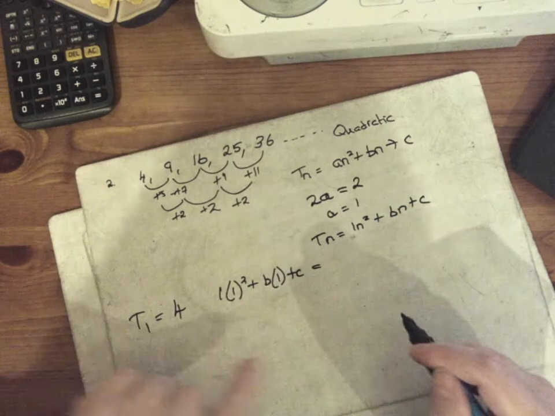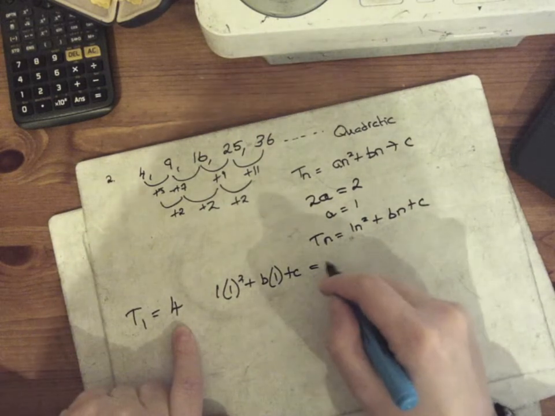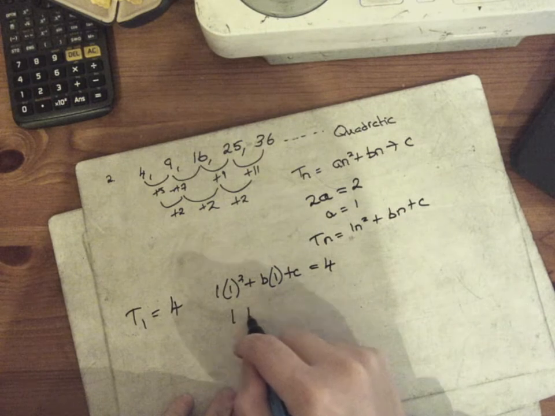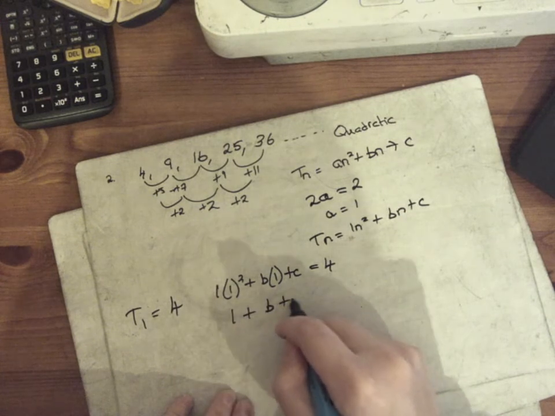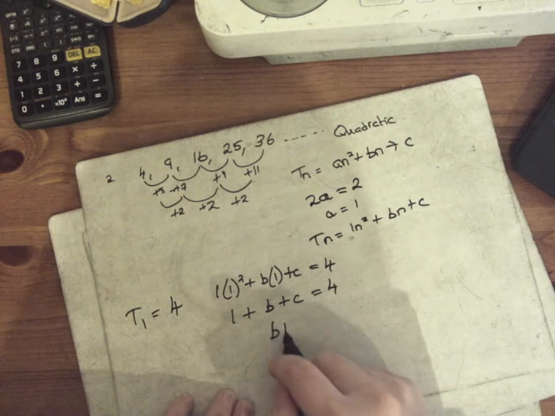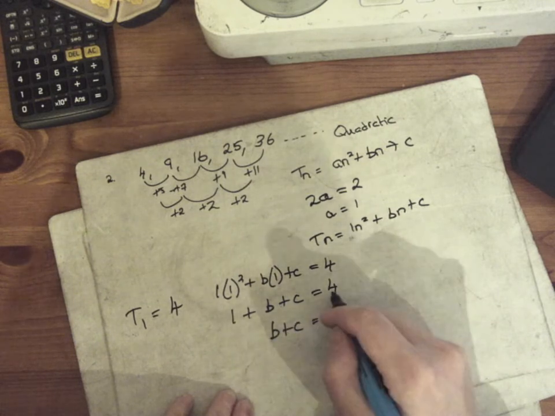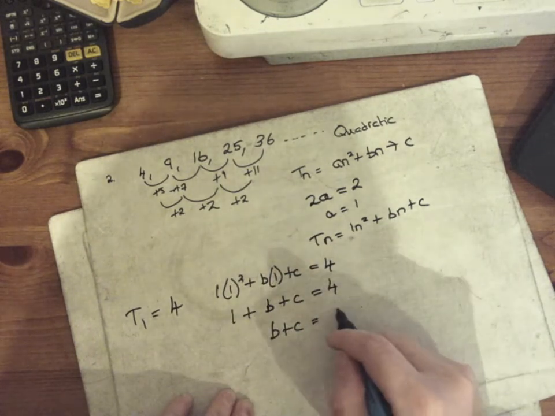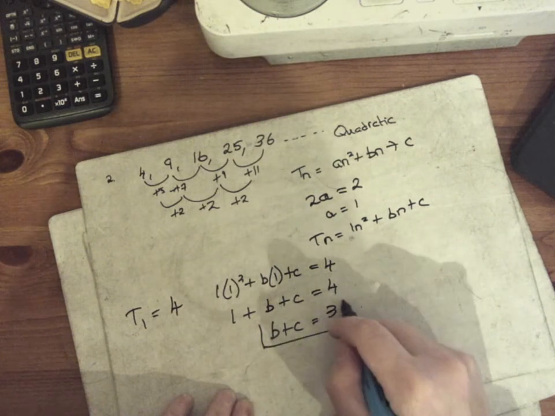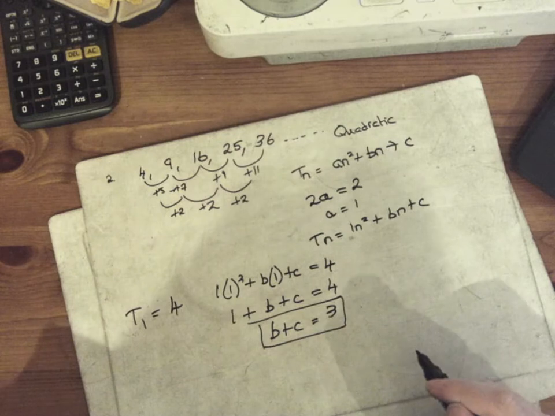And the answer, when you work all that out, you'll get 4, because that's what the term is. Okay, so multiplying out there, you get 1 plus b plus c equals 4, and then I get b plus c equals 4 minus 1 when it comes over, so 4 minus 1 is 3. So that's your first equation for your simultaneous equations in the middle.